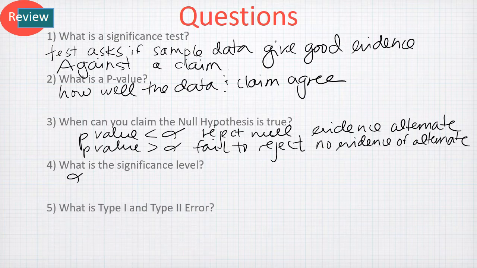Okay. Type 1 and type 2 error. So remember type 1 and type 2. In type 1, you've made the decision to reject the null and you're wrong.